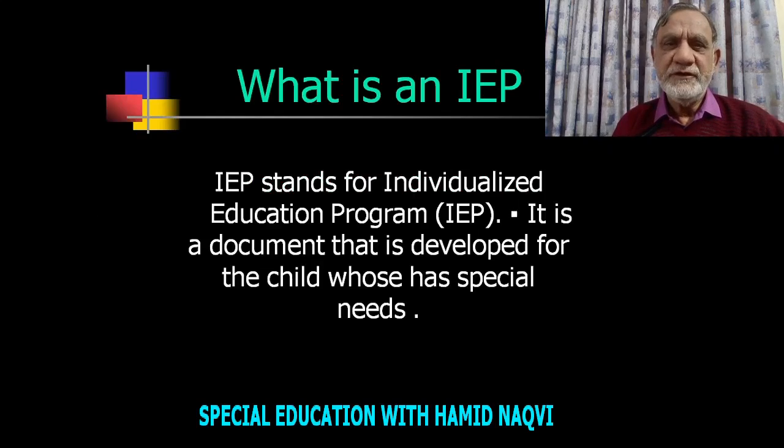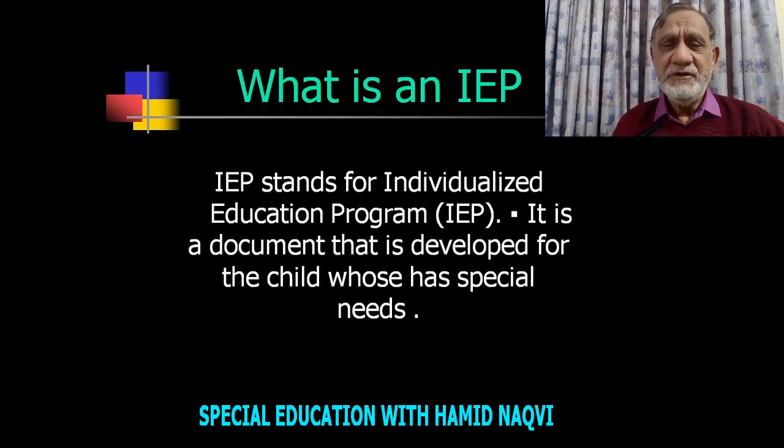First of all, what is an IEP? An IEP stands for Individualized Education Program or Plan. It is a document that is developed for the child who has special needs. Now, an IEP can be made for a student who is studying in general education and has some special needs.